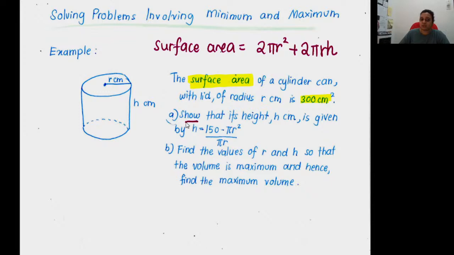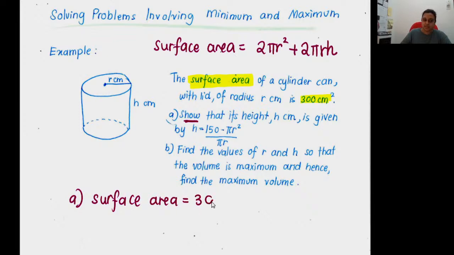Using this you need to show the height is equal to this. You see carefully your question. The final answer for the h, pi they write as pi, r they write as r. So don't change the pi to 22/7 or 3.14. Don't change. So let's start. Surface area.